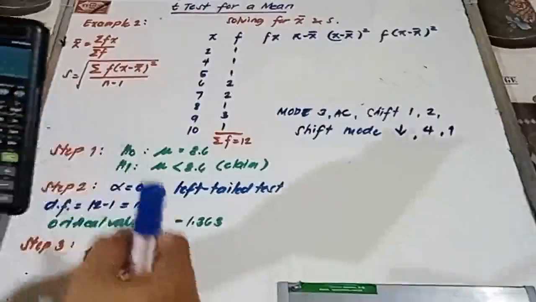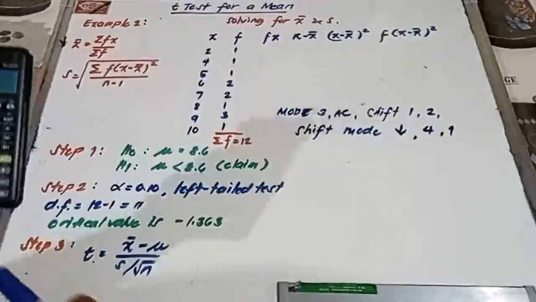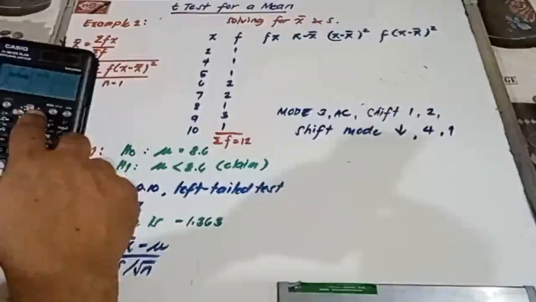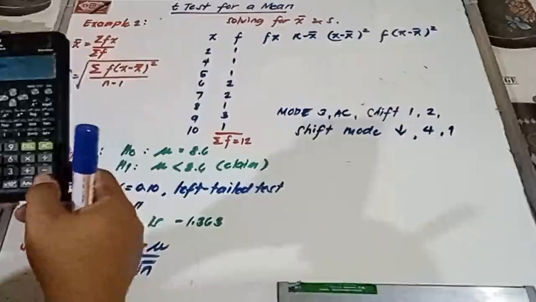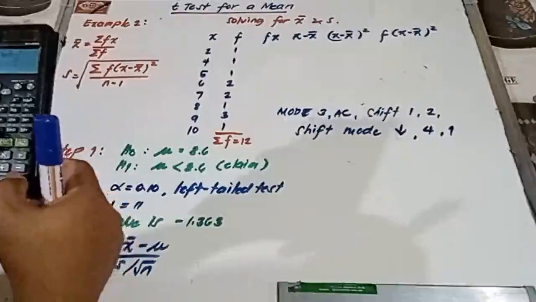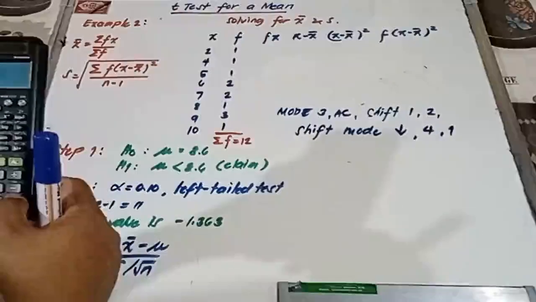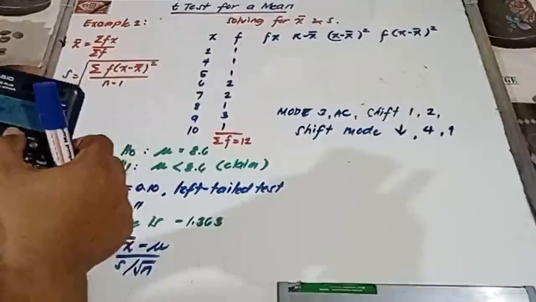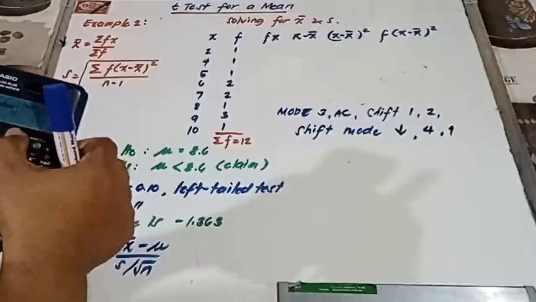Then, arrow to the right para ma-input natin yung kanyang, nawala pala yung ating na-input na X values. So, ulitin na lang natin. Okay? So, 2, 4, 5, 6, 7, 8, 9. Then 10. And then, baguhin na lang natin yung mga frequencies. Kasi naka-default siyang magwa 1.